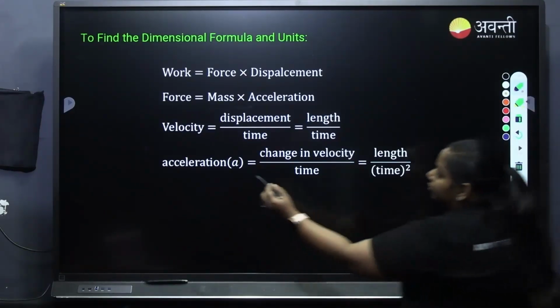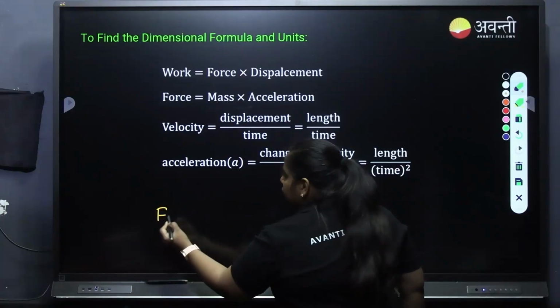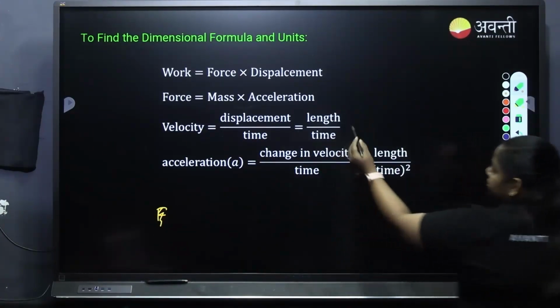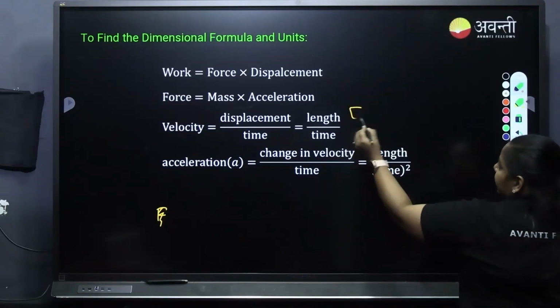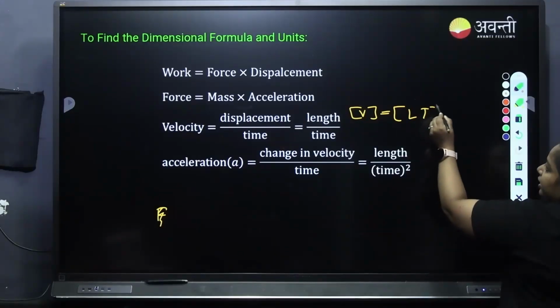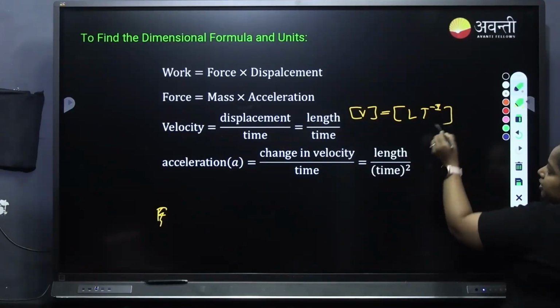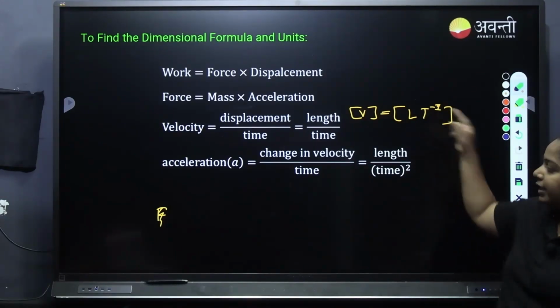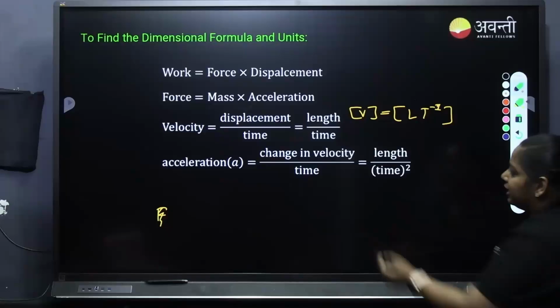Let's start with velocity. Velocity is length by time. So the dimension of velocity will be equal to L T minus 1. Length by time, so L by T, L T minus 1. That is velocity.